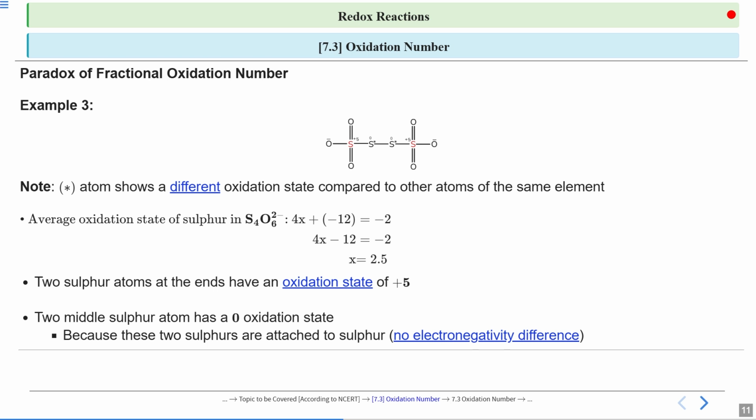Because if we look at the structure, we can easily find out whether there is electronegativity difference or not. If there is no electronegativity difference, then generally they would have 0 oxidation state. But if there is an electronegativity difference, then the oxidation state would vary. So I hope the paradox of fractional oxidation number is clear to you.